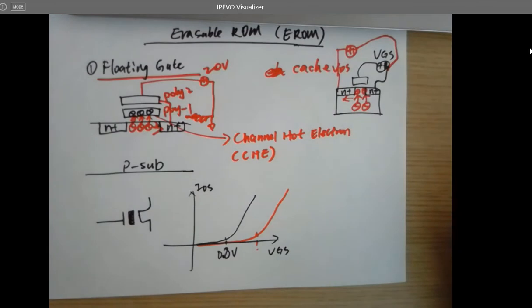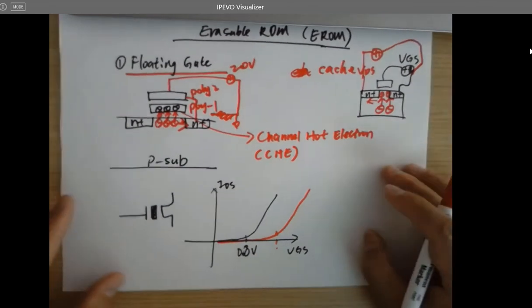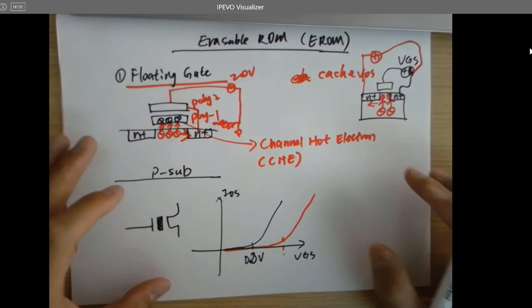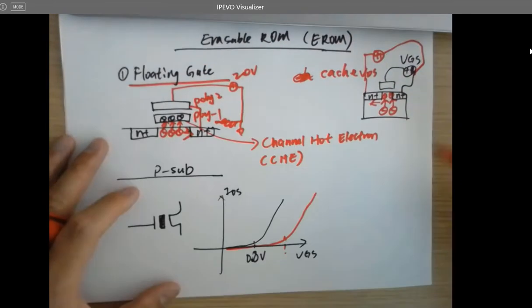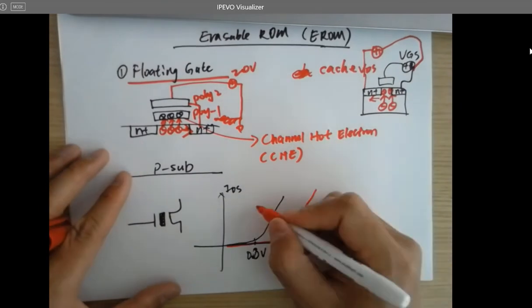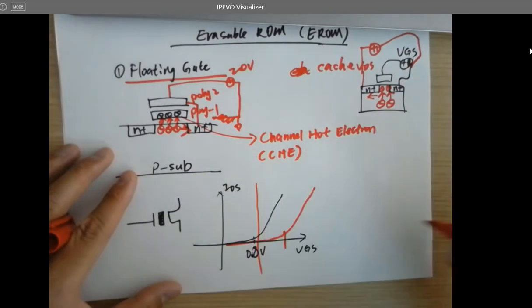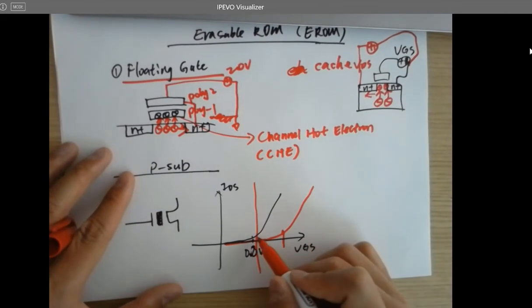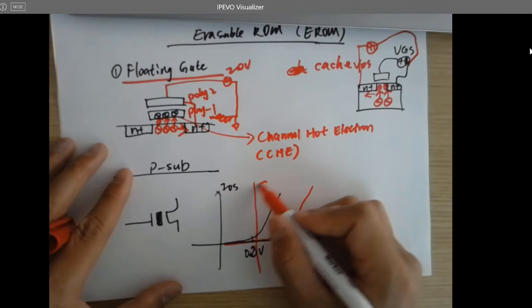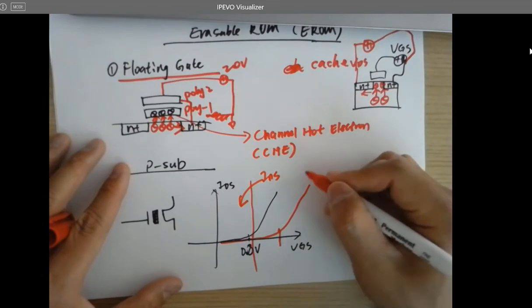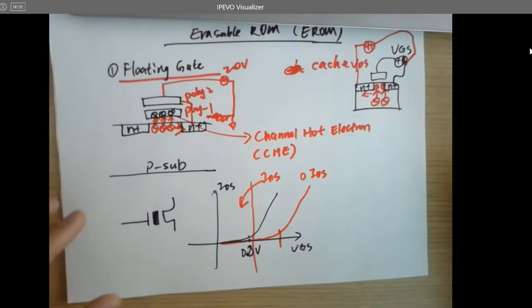So now you can electrically tell the difference. Why? Because if it is programmed, which means you have trapped electrons into poly 1, then you get a higher threshold voltage. If you're just applying a VGS right here, which will not turn on the programmed device but just turns on this one, we're going to see a current flow in the NMOS, but not here. So I can tell the difference.